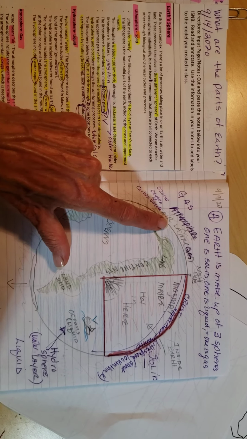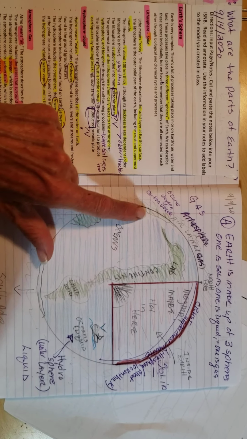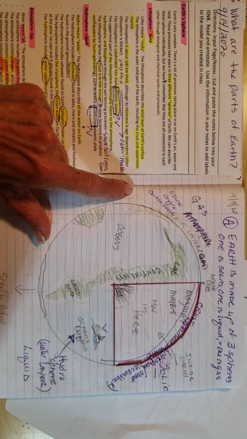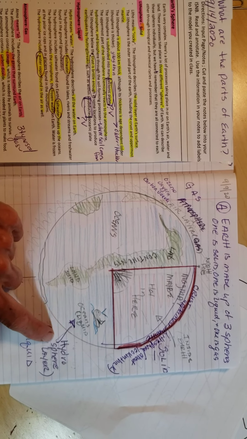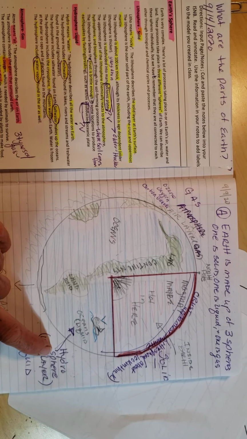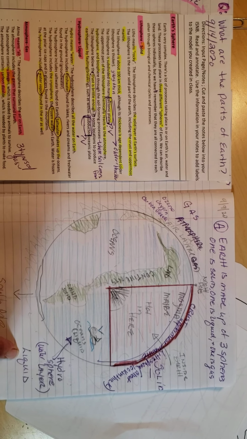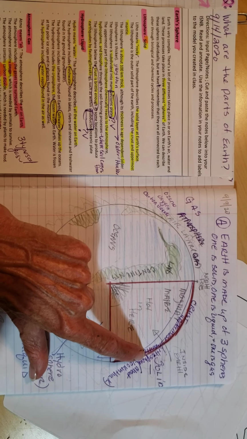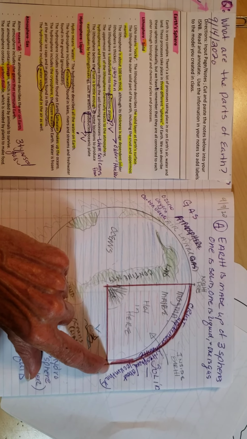But now I know that there is an atmosphere, and I drew it going around the planet. I wrote that it was the gas layer. I wrote the types of gas found in it. Then I labeled, where I put ocean, I labeled the water layer, the hydrosphere, and I put that it was the liquid layer. And last, I labeled the lithosphere, which is the solid layer, and I wrote how thick it was.